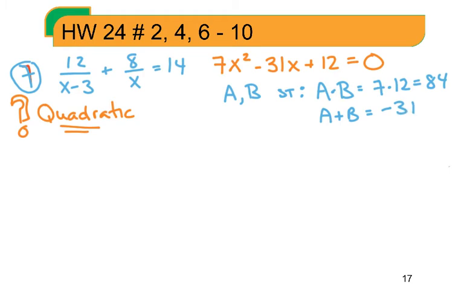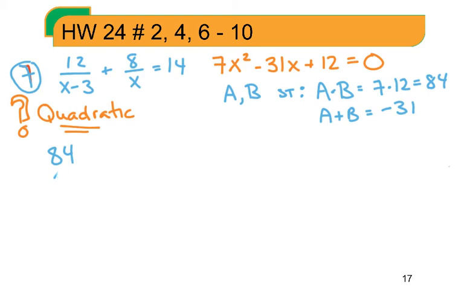Well, this is not so easy to do, is it? Let's see. Do you want to use the quadratic formula or not? Let's see if we can do it. 84. What are some factors of 84? Well, let's see.